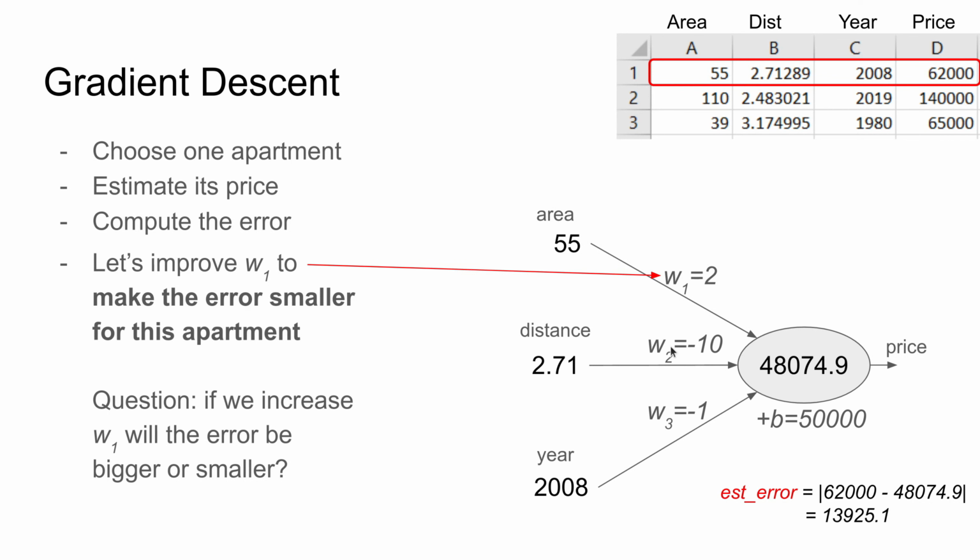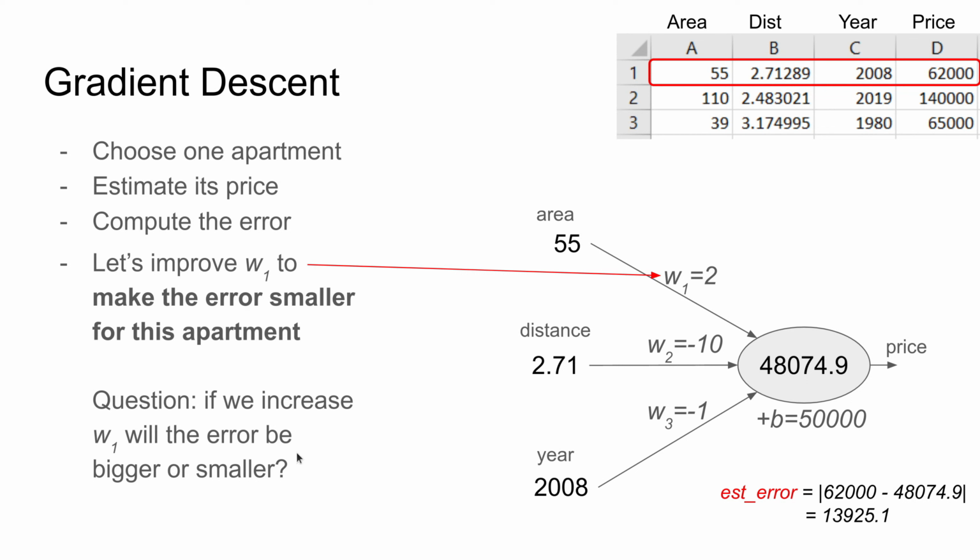In the same way we'll improve W2, W3 and the bias, but let's focus right now on the first weight. So we want to change this weight in order to make the error smaller.